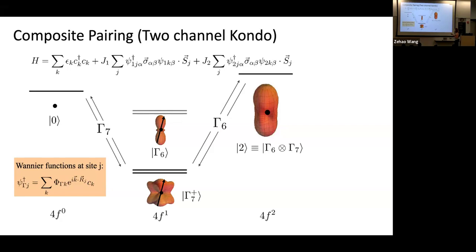And so that gives you that this channel has symmetry gamma 7 that looks like this, and this channel has symmetry gamma 6 that looks like this. And note that this is a hole-like Kondo coupling, and this is an electron-like Kondo coupling. So in the Kondo limit itself, that doesn't really matter, but in real life, we're not exactly in the Kondo limit, so it does end up mattering.